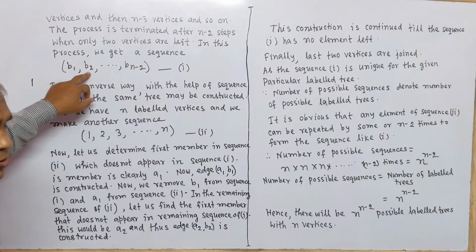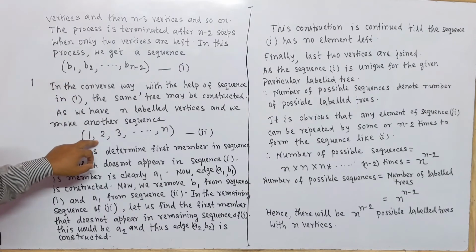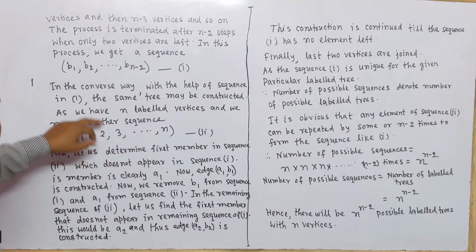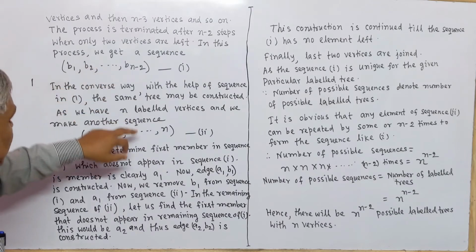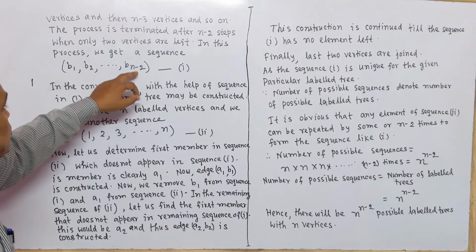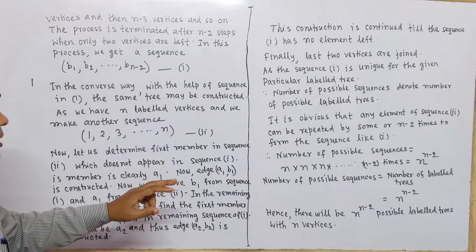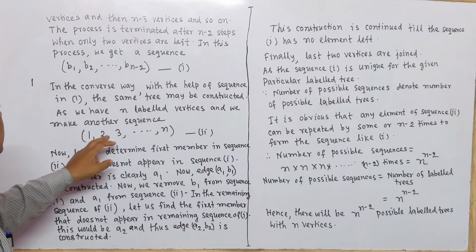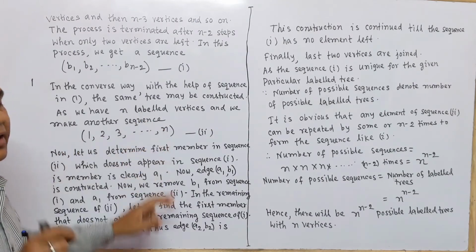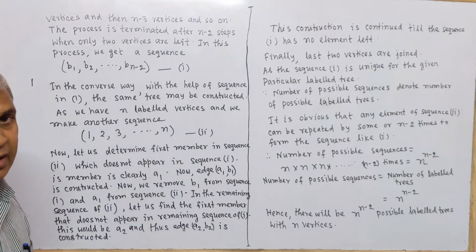The second place also may be filled by one of these n numbers. In a similar way, the n minus 2th place may be filled by any of the n numbers.